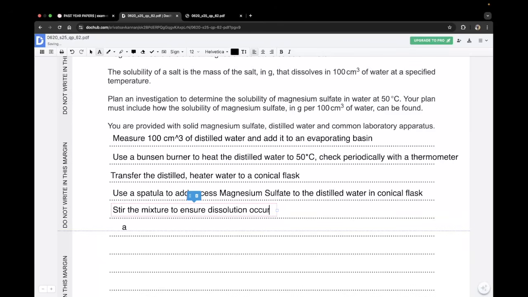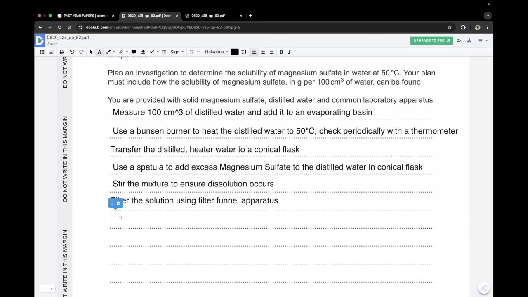Dissolution occurs, right? Mention that. And filter the solution using filter funnel and filter paper. Sorry, filter funnel apparatus, right?